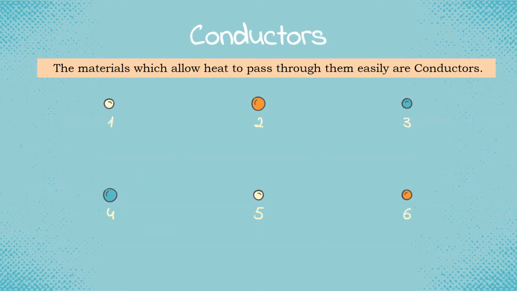The materials which allow heat to pass through them are called conductors. Gold, copper, aluminum, iron, silver, and steel are all examples of conductors.